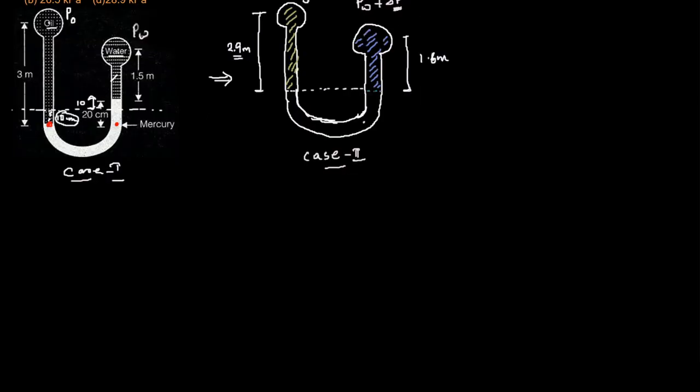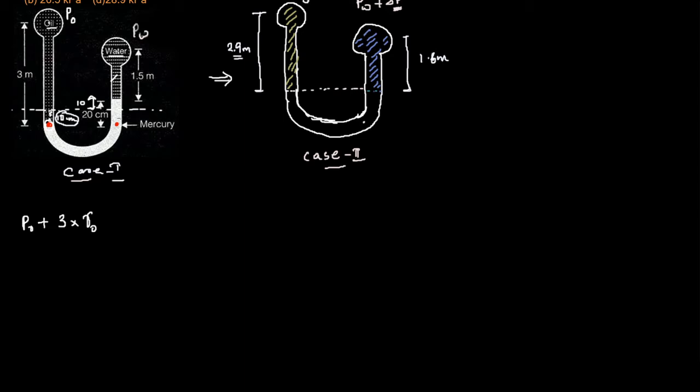So here the pressure in the left limb can be calculated as P0, the pressure exerted by oil, plus 3, the height of the oil level in the manometer, into the specific gravity of oil. That will give the pressure at this point.